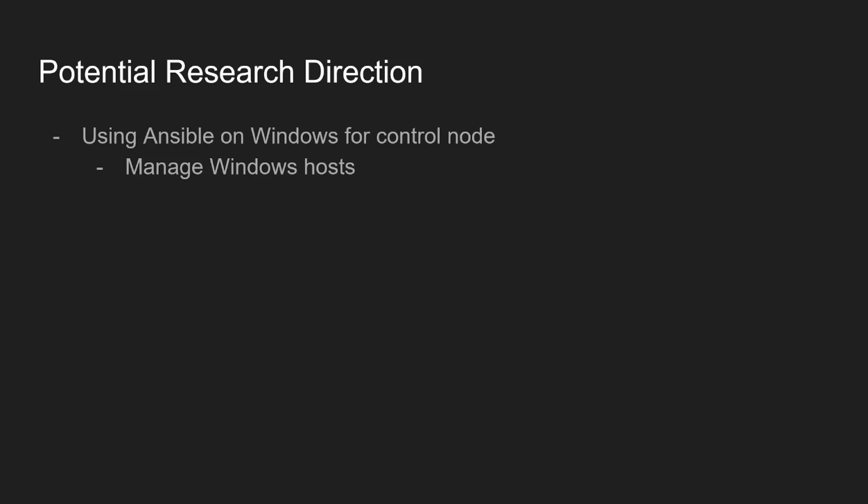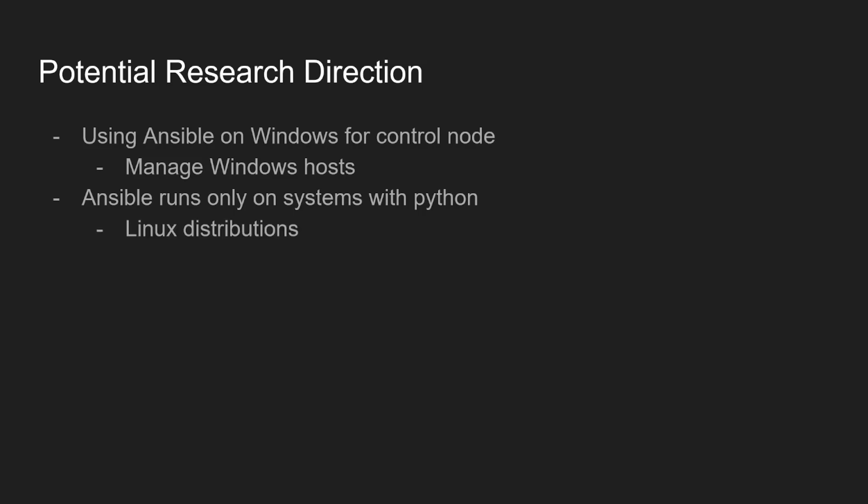Currently, you can only manage Windows hosts, but not use it as a control node, since Ansible can only run on systems that have Python installed, which includes Linux distributions, Mac OS, and etc. The only exception is Windows, and I think it would be great to use Windows as a control node instead of having to depend on WSL, or Windows Subsystem for Linux, Linux distributions, or Mac OS.